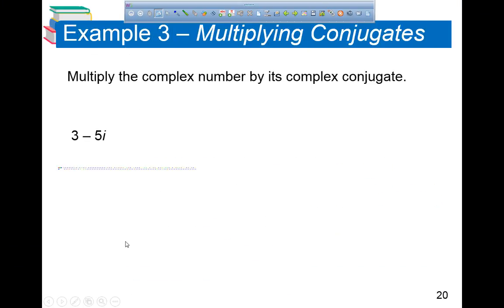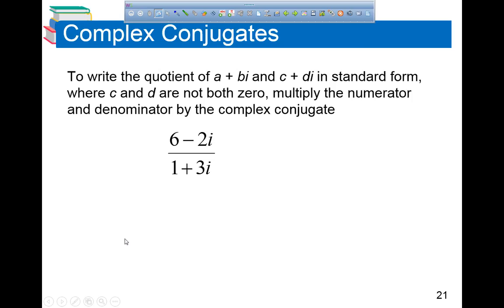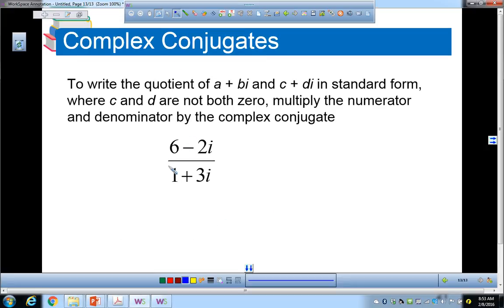Okay? Multiply the complex number, you can do that. So we're seeing they are not both 0. If they say simplify this, usually what they want is no i's in the denominator. It's kind of like not having any square roots in the denominator.